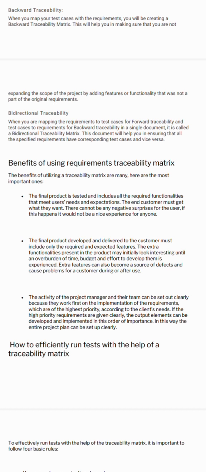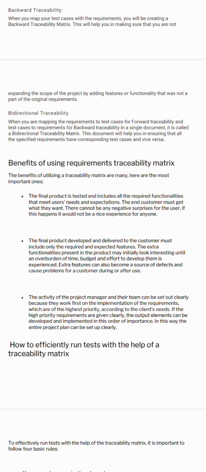So the customer must get what they want and what the users need and expect. All of the requirement functionality is checked in the final project.